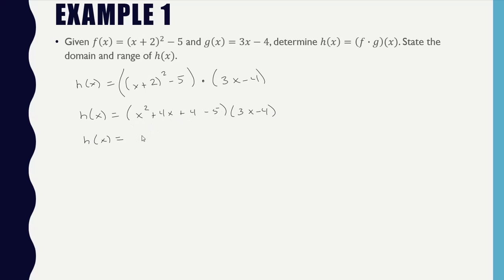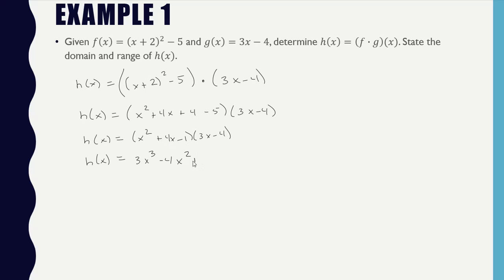And we can combine some like terms here, so I get x squared plus 4x minus 1, and then 3x minus 4. Now we're going to have to distribute and expand this. So it's going to become 3x cubed, and then x squared times negative 4 is negative 4x squared.